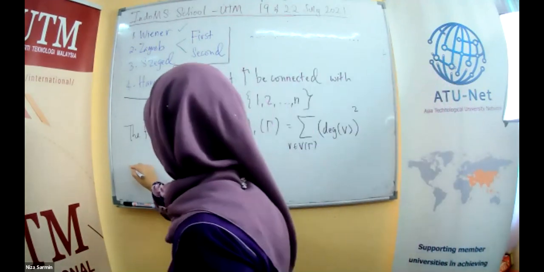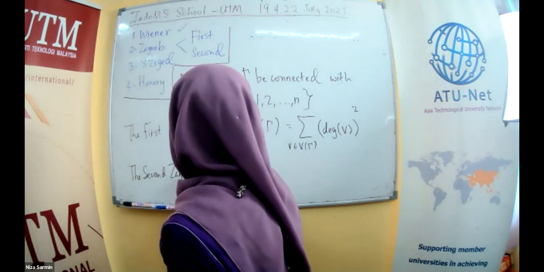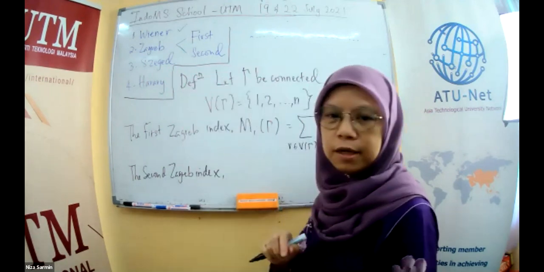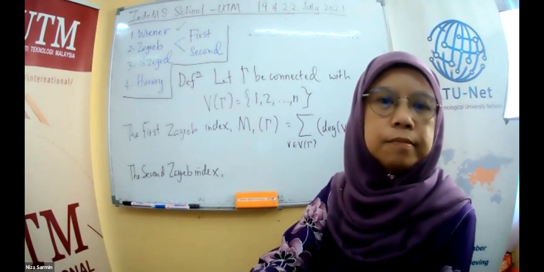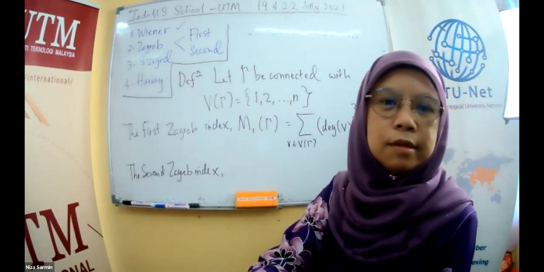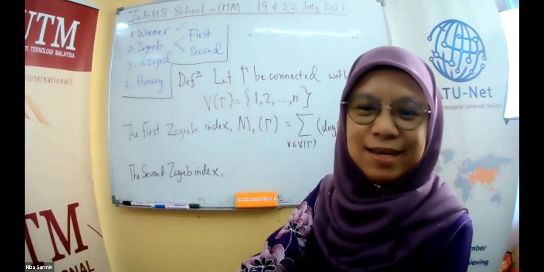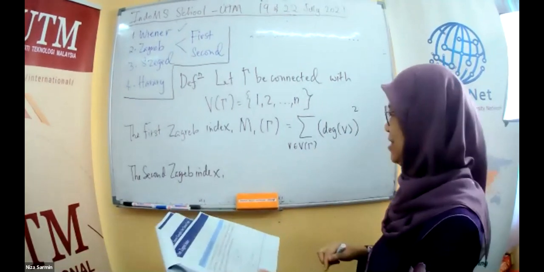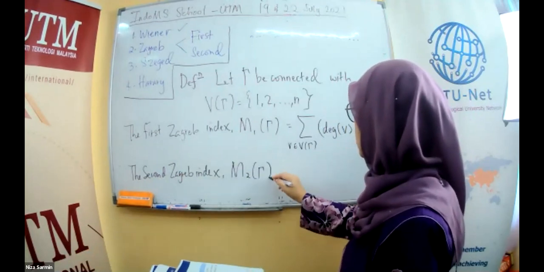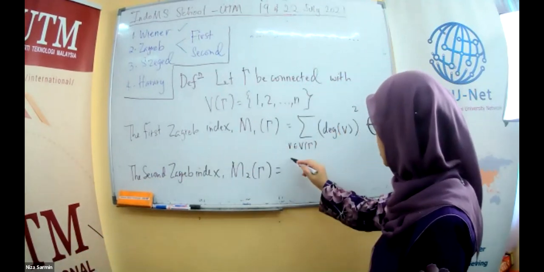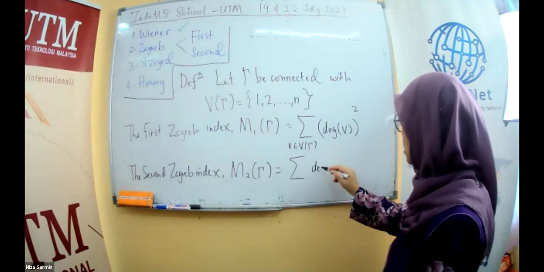And the second Zagreb index, M2. This is the sum of the product of the degree.